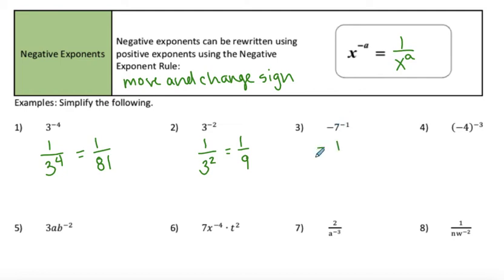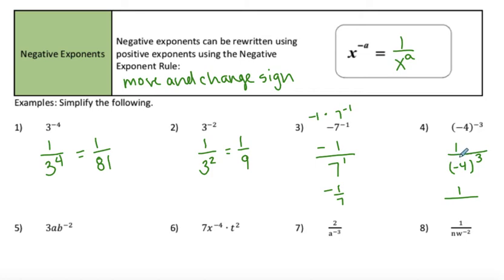So I'm going to treat it like -1 times 7 to the -1. I bring this -1 down, and 7 to the -1 I move and change the sign, which gives me -1/7. Now I have the entire thing here that needs to be moved and change the sign of the exponent. Notice I didn't change the sign in here. And I could simplify if I wanted to.